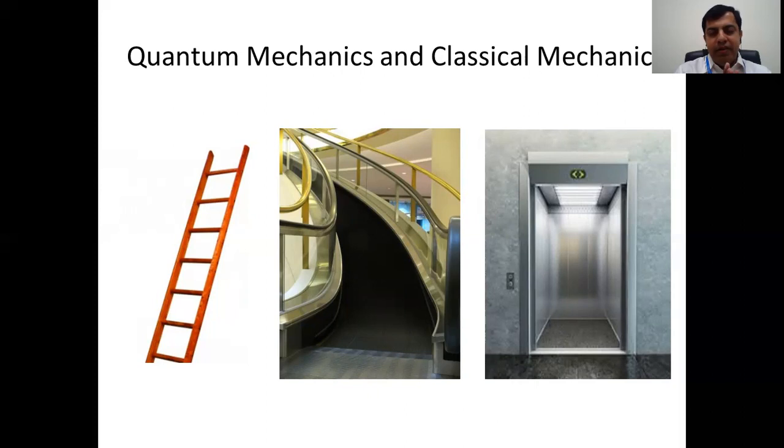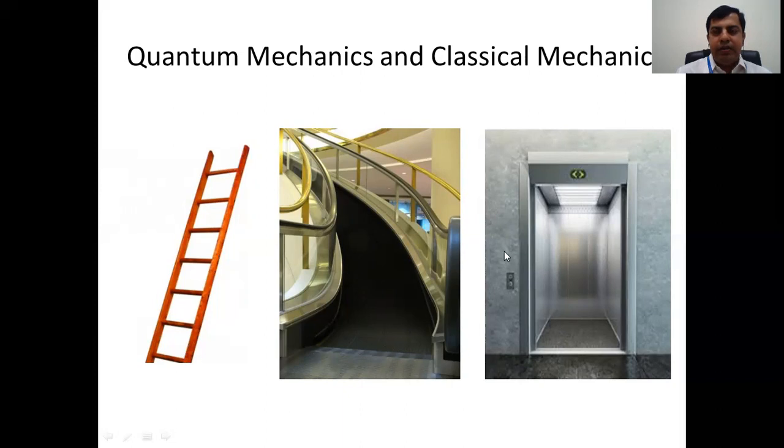What is the main difference? Or first, can you explain what the similarity is? The similarity is, as I have said, your objective is moving from the ground floor to the first floor, and this way is applicable, this way is also applicable, and this way is also applicable.